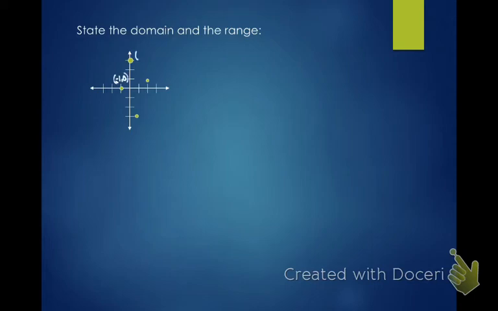Up top I have a spot at 0, 3. Then I'm at 2, 1. And down here at 1, -3.